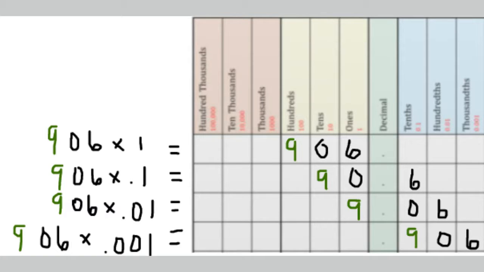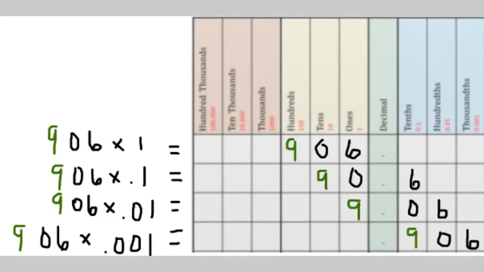Now let's determine our rule. We've done 3 different problems with a power of 10 less than 1. What patterns have we noticed? Each time we're shifting over to the right, but let's be more specific. How can we determine how many place values we move to the right? Let's look at these numbers. There's 1 digit to the right of the decimal in 1/10, and we moved only 1 place value to the right.